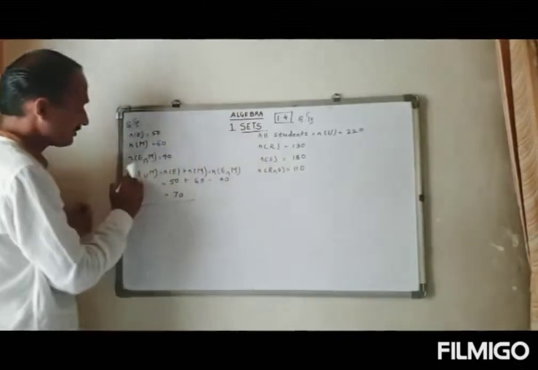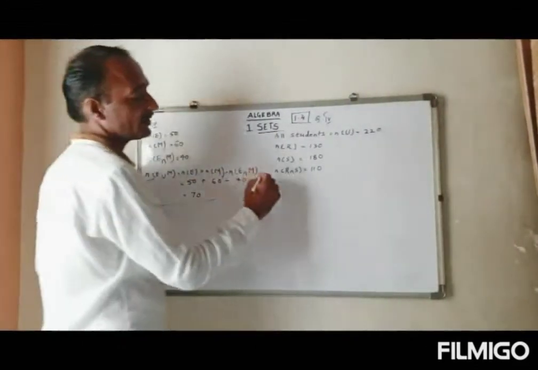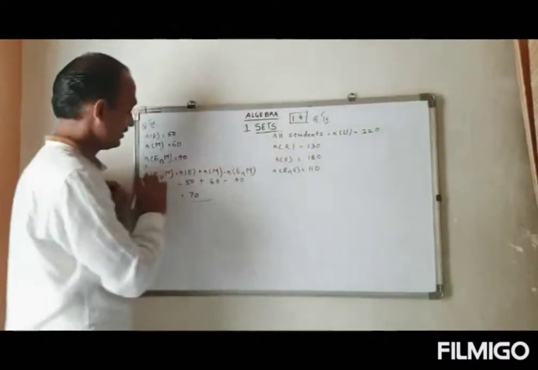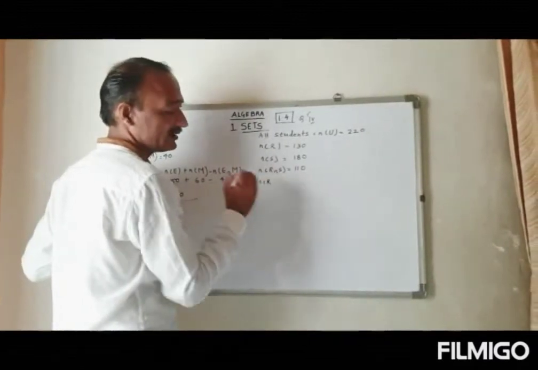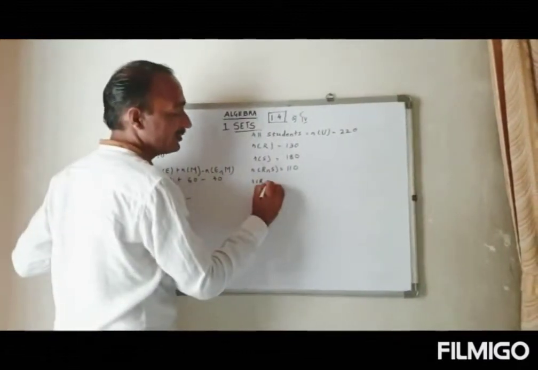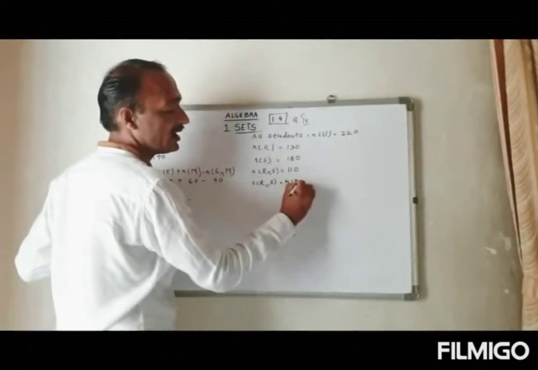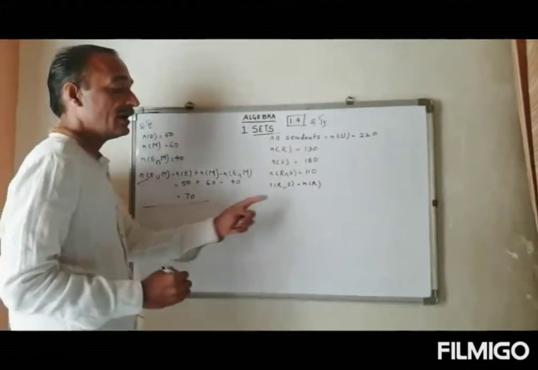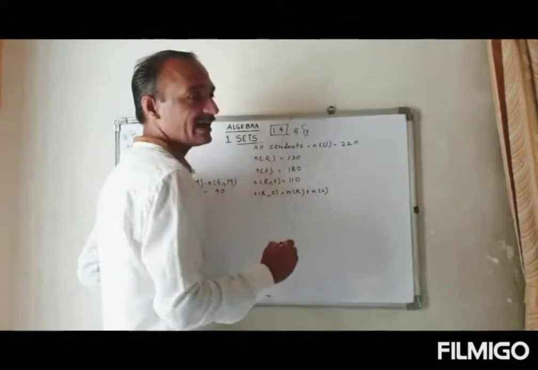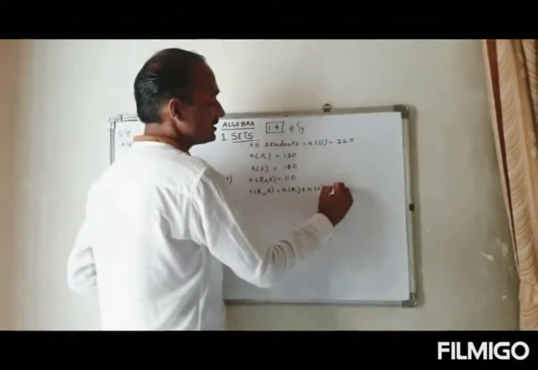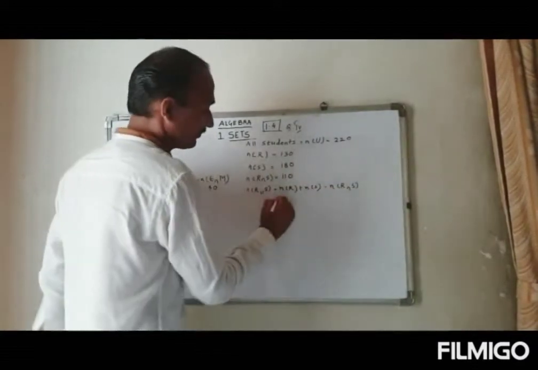Let's start with the same formula we used in question number 1, 2, 3. Just the alphabets are different. Number of R, that is rock climbing, union S, sky watching, is equal to number of R, the students who like rock climbing, plus number of S, the students who like sky watching, minus number of R intersection S, that is common.